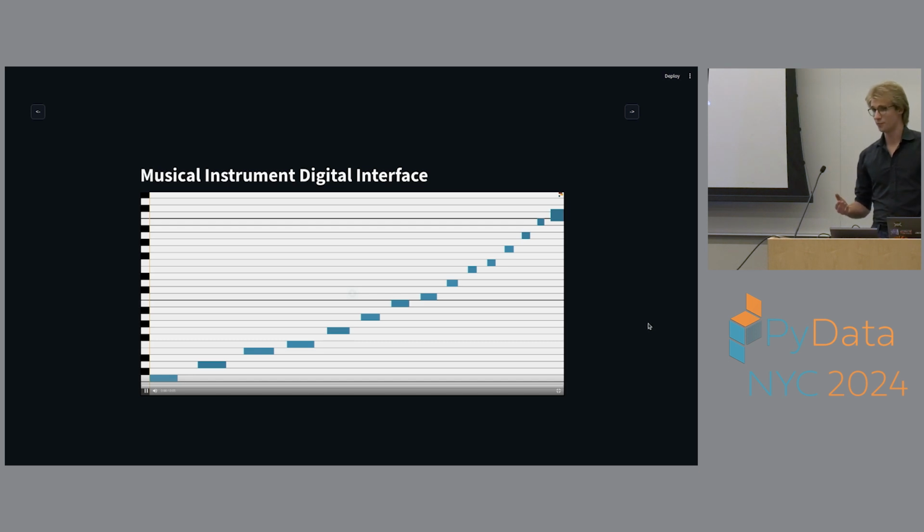Pianos, thanks to their well-defined keyboard interface, where different keys correspond to different pitch values of the notes, can be very accurately represented using this format. And the performances and the emotional nuances they contain are very accurately represented.